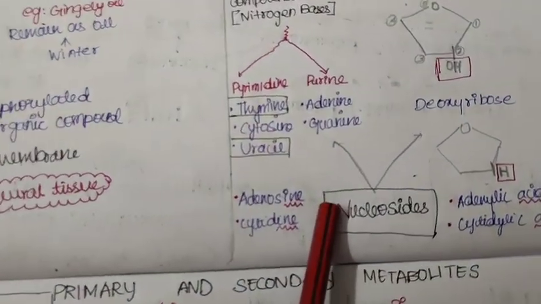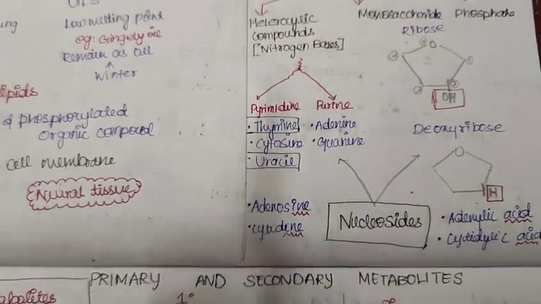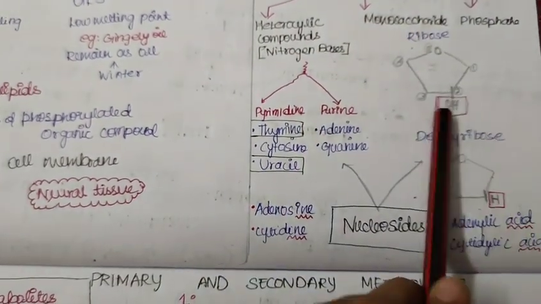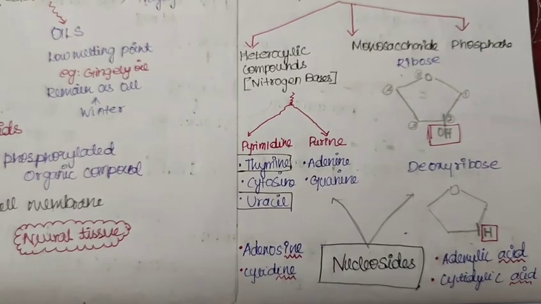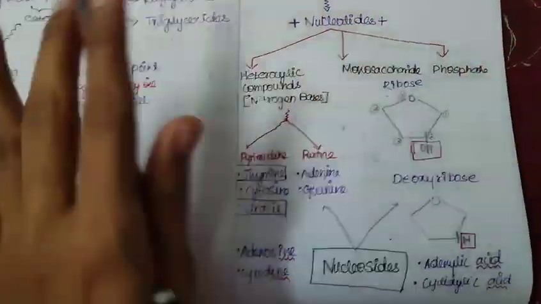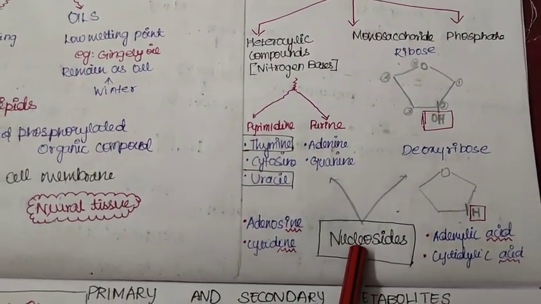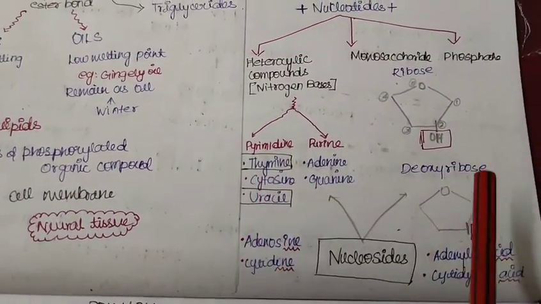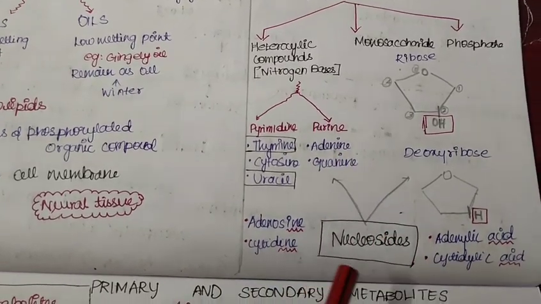Now, what is a nucleoside? Nitrogenous base plus monosaccharide is called a nucleoside. So the difference between the nucleotide and nucleoside is the phosphate group. Whenever we say nucleoside, nitrogenous base plus monosaccharide.